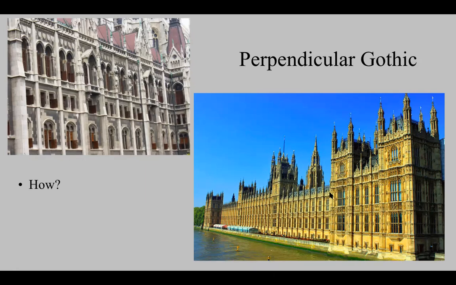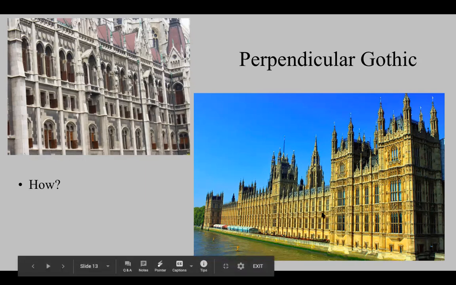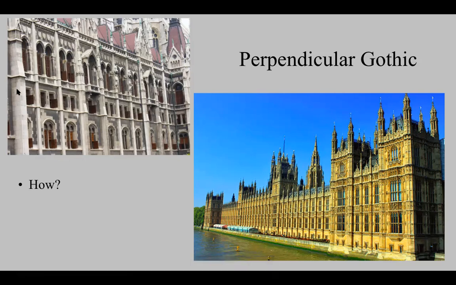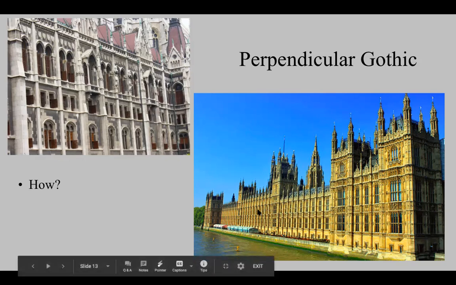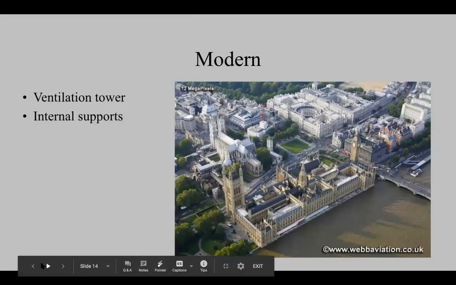But also, instead of allowing these vertical things to go up uninterrupted, you can also see that there are some horizontal elements across the windows, right? And it's not necessarily just the windows, but how they're broken up by these things that appear to look like railings, right? There's entablatures that go across. And so that is characteristic of that perpendicular style.